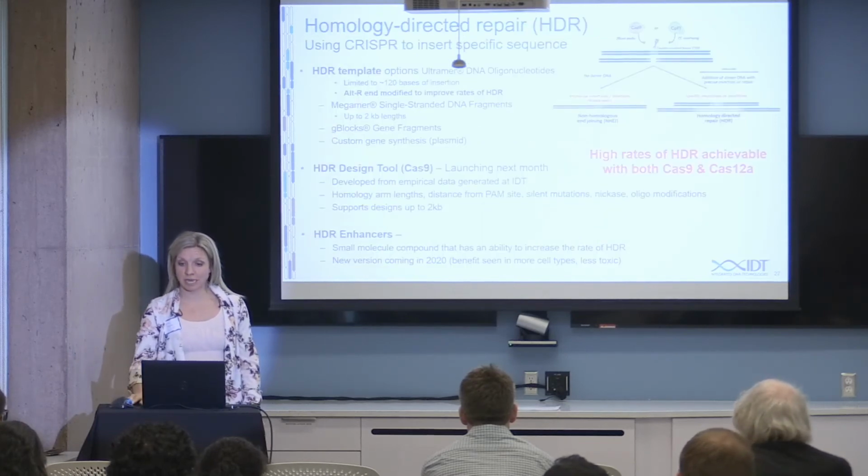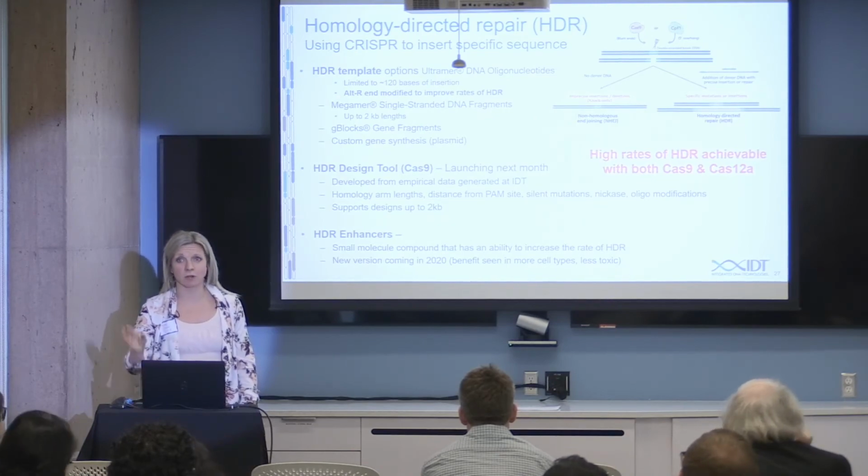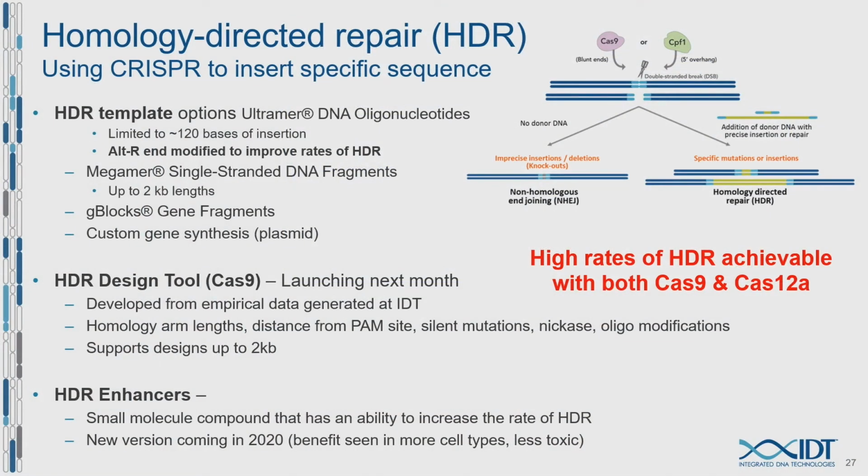So just the last couple slides here, I wanted to touch on HDR. So again, this is where we're going to provide a donor template to make a correction. Our R&D team over the last 2 years has really put a lot of effort into trying to figure out the rules to improve HDR. Sarah spoke to how this is much more inefficient than non-homologous end joining.